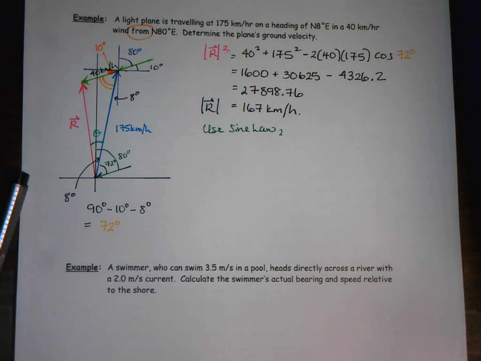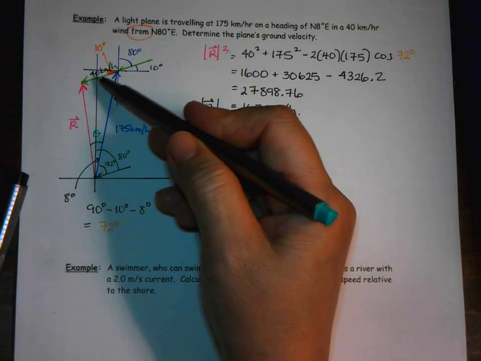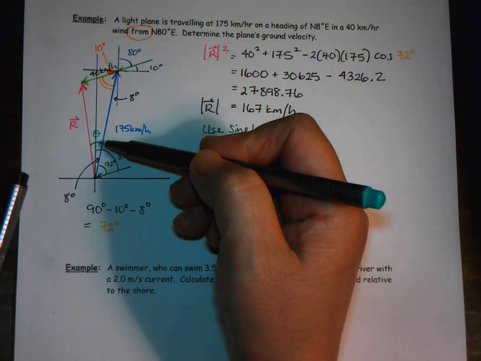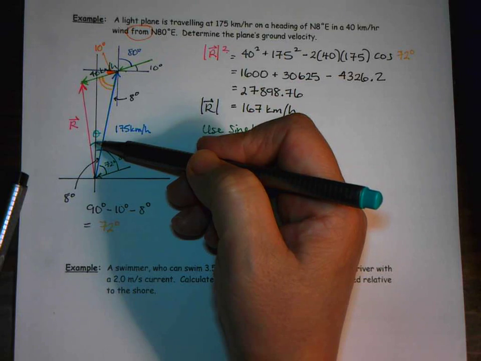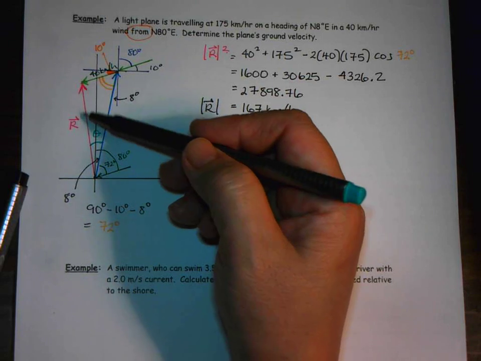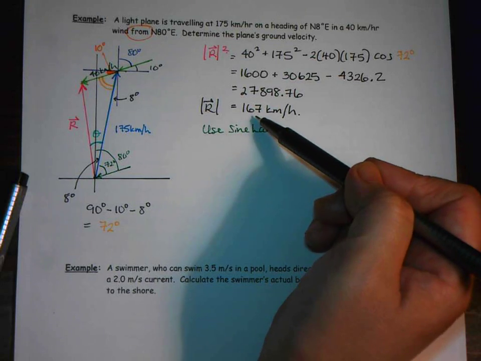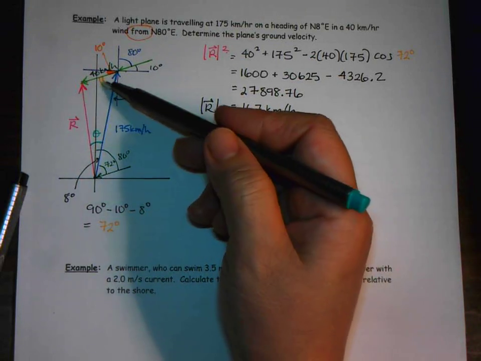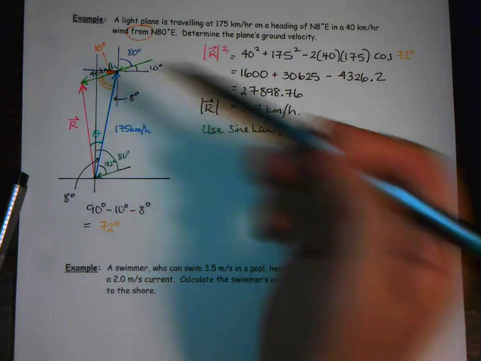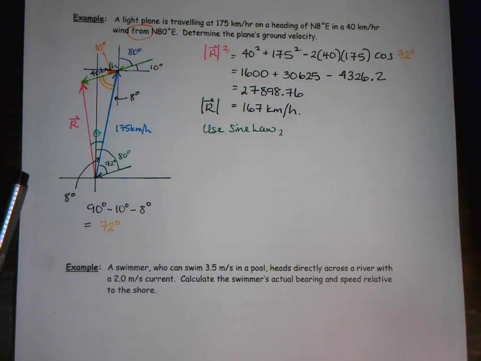We have this side, that's 40. We could pair it up with this angle, and we have a known side, which is your resultant, which was 167, paired up with this angle in here, which we know of as 72 degrees.